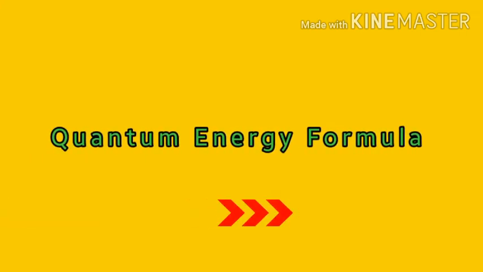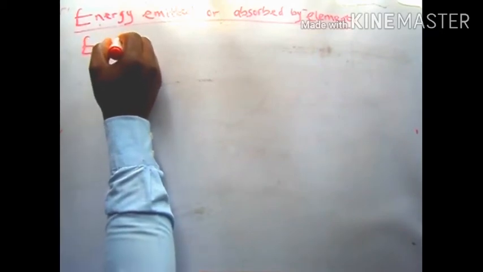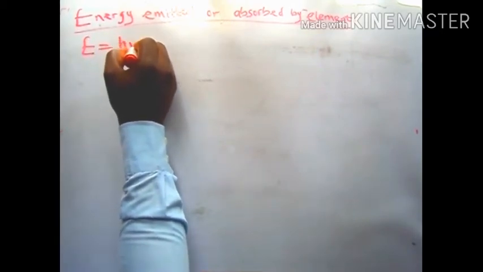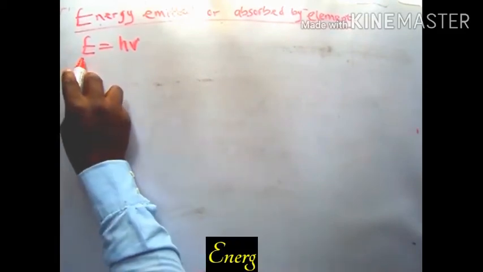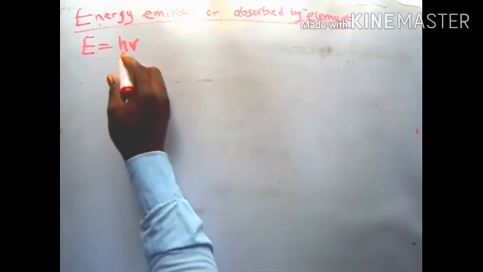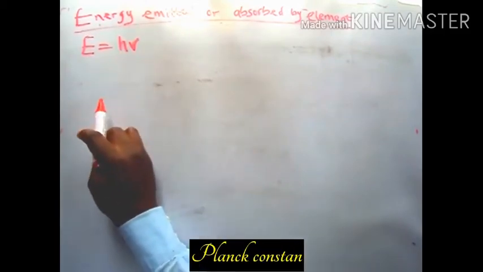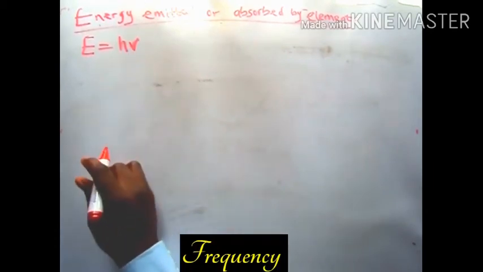The formula is given as E equals h times the frequency, where E stands for the energy emitted or absorbed, h stands for the Planck constant, and this one stands for the frequency.